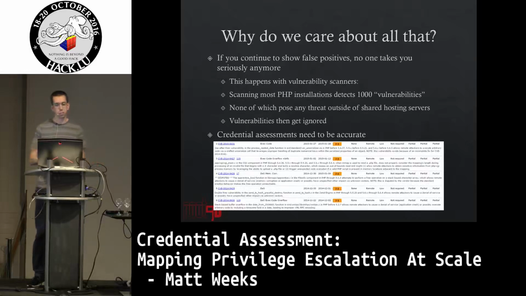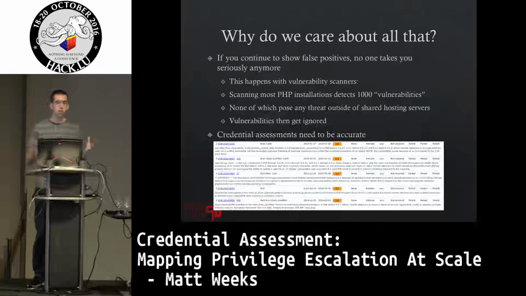And all this is important because we don't want to go down the same route which has happened in vulnerability scanners. When you scan a web server, for example, you'll often get thousands of vulnerabilities in a particular PHP install. But if you look closely, all of these are only vulnerabilities if you allow untrusted users to run PHP code and rely on the PHP sandbox to prevent them.